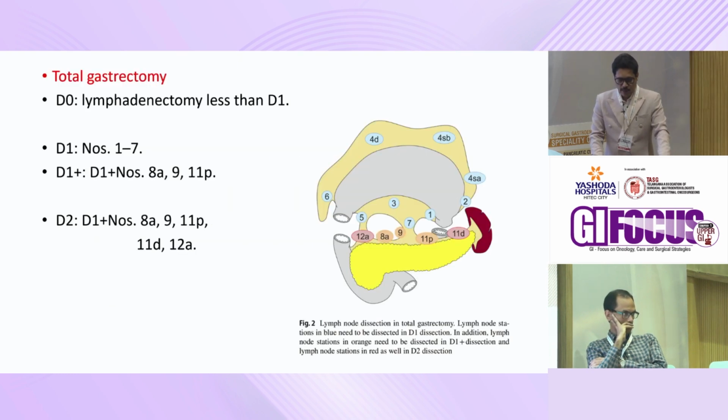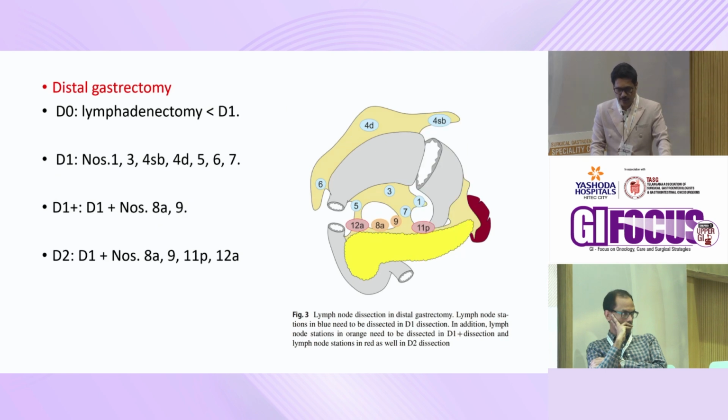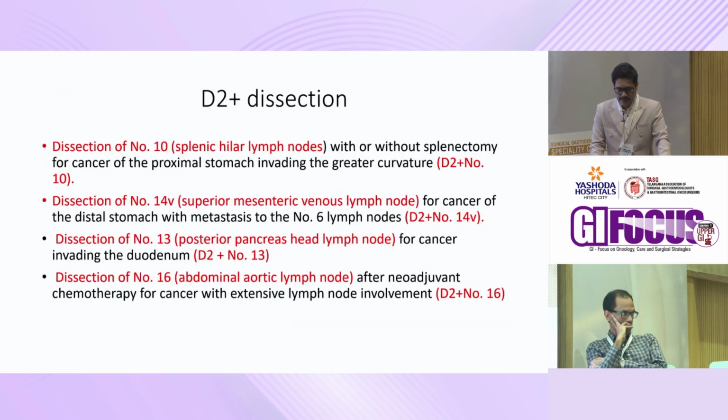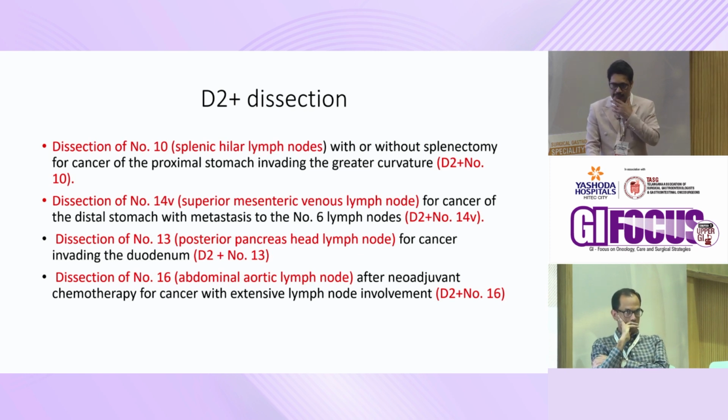So like in total gastrectomy, this is the lymphadenectomy status which is described. I will not dwell into this one. We will look at the D2 plus dissection. This would be more often required in locally advanced gastric cancers, especially the splenic hilar lymph nodes and also the 14V. And this is one situation where we would need an additional organ resection in terms of splenectomy, even though the spleen is not involved, to get a good lymph node clearance.